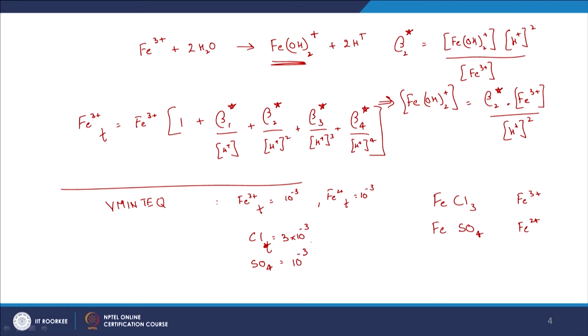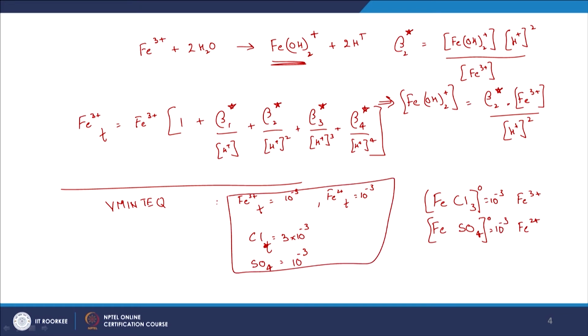So if I am having FeCl3 naught at 10 power minus 3 and FeSO4 naught at 10 power minus 3, these are the relevant components. And let me plug in the relevant Cl and SO4.